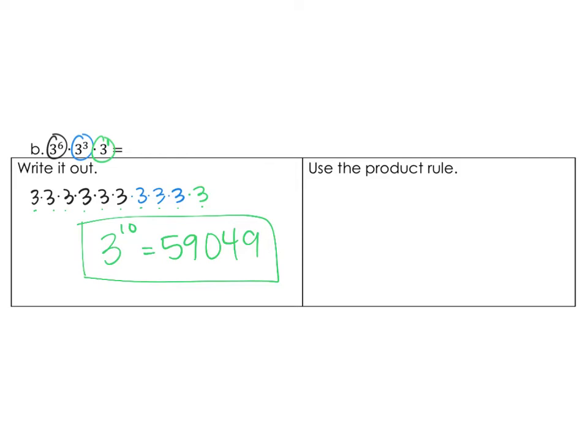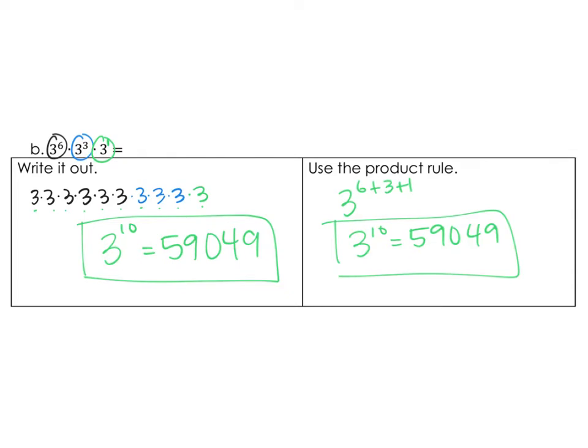Okay, the same rule applies with that product rule. If I take my exponents, the 6, the 3, and the exponent of 1 that we knew was there but wasn't really there, we add them together. 6 plus 3 plus 1 is also 10, and if, again, I plug it into my calculator, I get the exact same thing when I evaluate it.